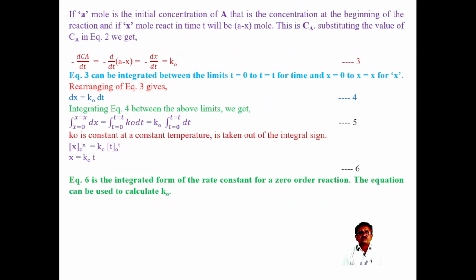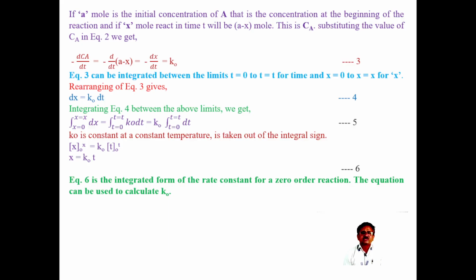Now, if a mole is the initial concentration of A, that is the concentration at the beginning of the reaction, and if x mole react in time t, the remaining concentration will be a minus x mole. This is CA. Substituting the value of CA in equation 2.